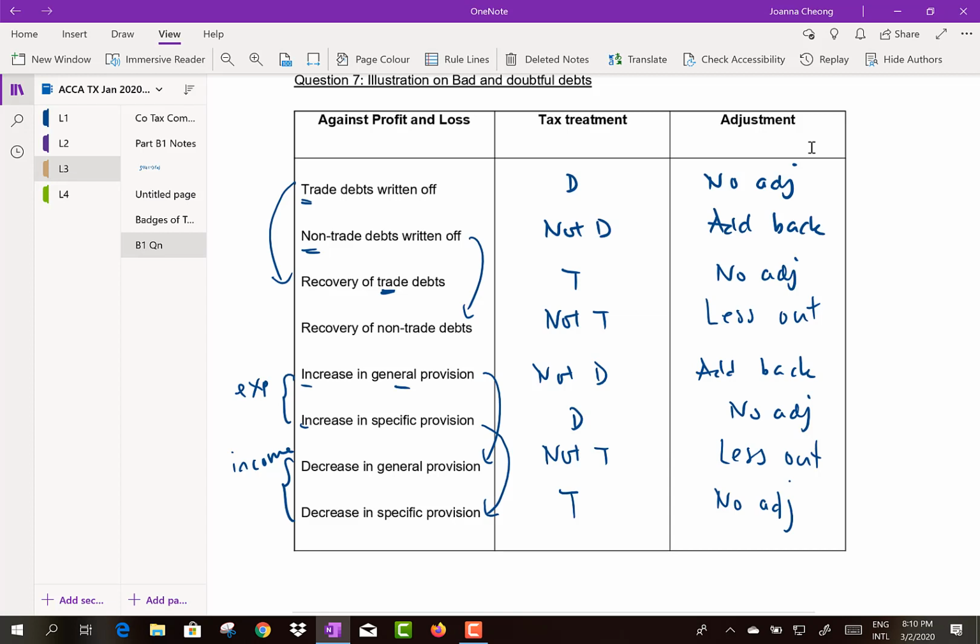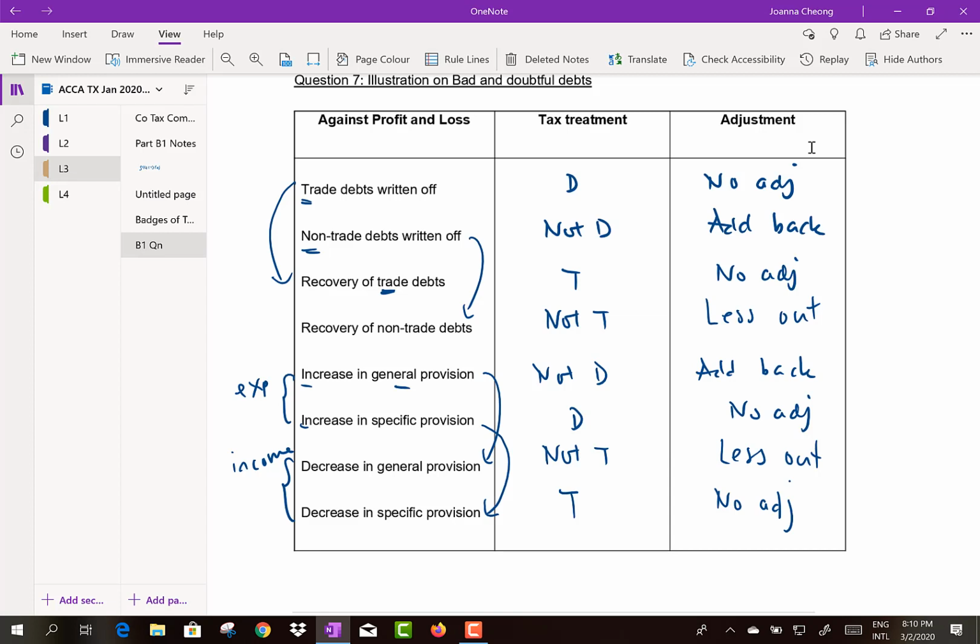Alright, just now I talked about Section 39. But not Section 39, sorry, FRS 39. Have you heard of FRS 39? Now FRS 39 is actually being replaced by FRS 109. For those of you who are doing audit and assurance, you will know FRS 109 is replacing FRS 39.